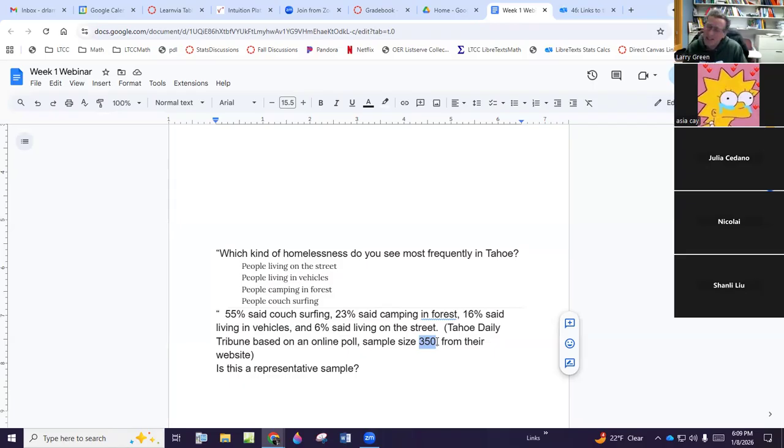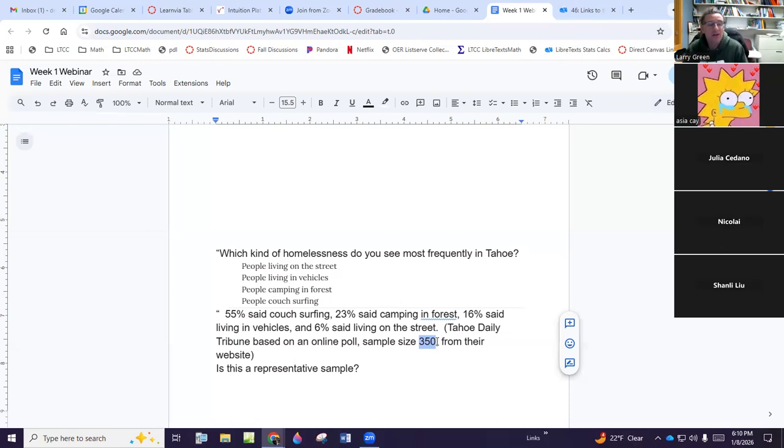It may not be, because maybe the type of person who does that doesn't go in the forest much. And maybe they don't walk on the street like I do, by the way, so they don't see the people living in the street. Or maybe they don't look at vehicles. Maybe they just have a lot of friends who let people stay on their couch, that kind of thing.